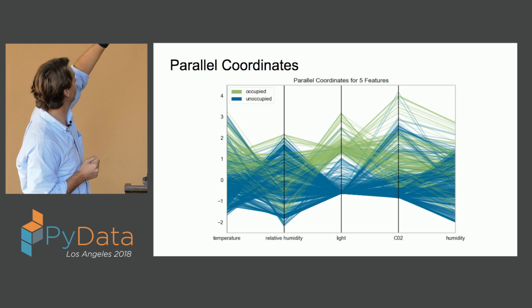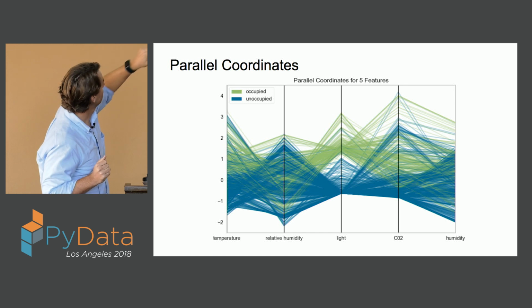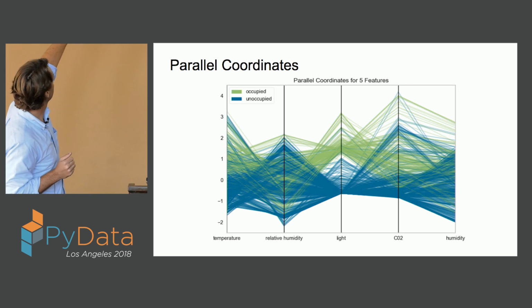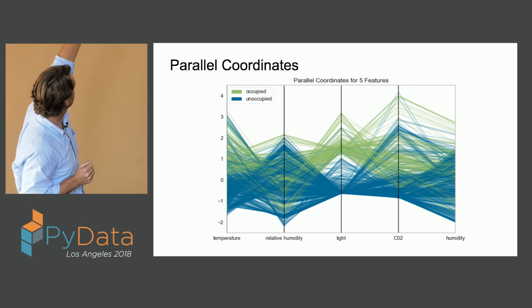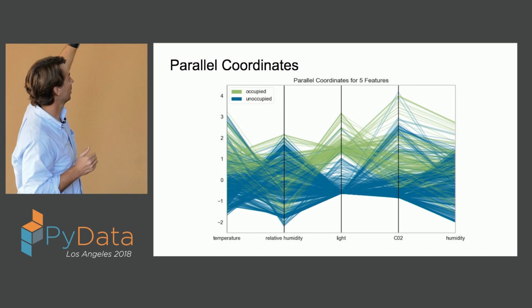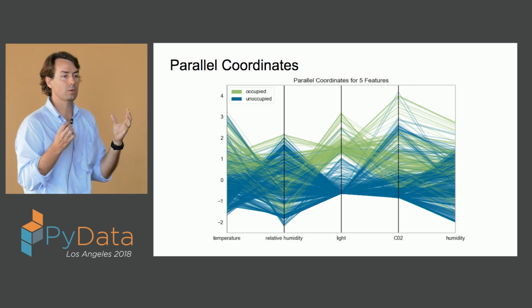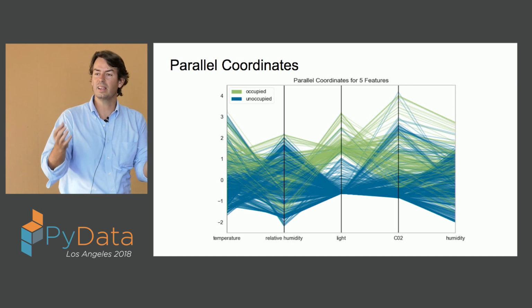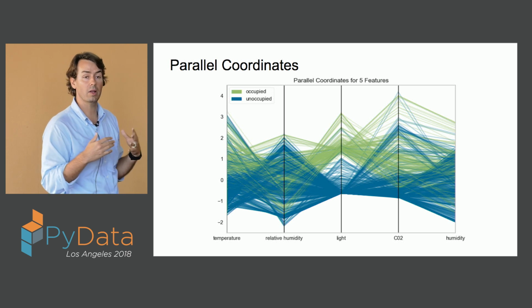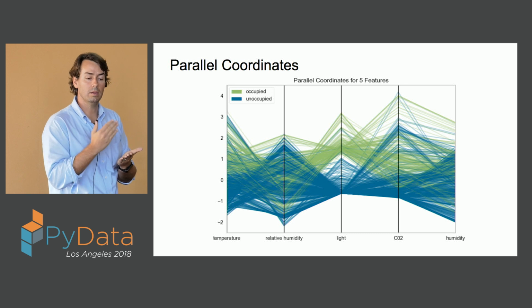Occupied apartments have more light. CO2 is a little messy, but temperature is another one. There's a general trend that apartments with lower temperatures are unoccupied versus the ones that are occupied. Kind of makes sense, but sometimes quickly producing a visualization to tease that out is very helpful in speeding up your workflow.